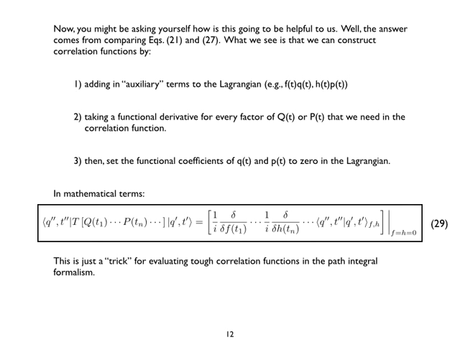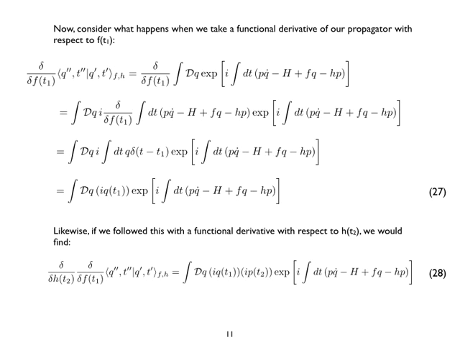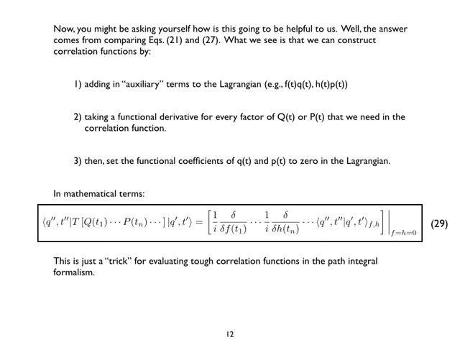Right, but like I said, I'm just doing math tricks, and you can ask yourselves, how is this helping us? Well, I've hinted at how it's going to help us, because we can compute time-ordered products of operators by taking functional derivatives of our propagator with these new auxiliary terms, right?